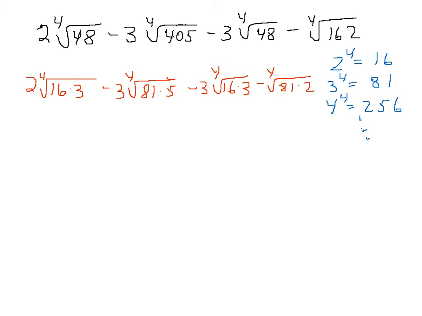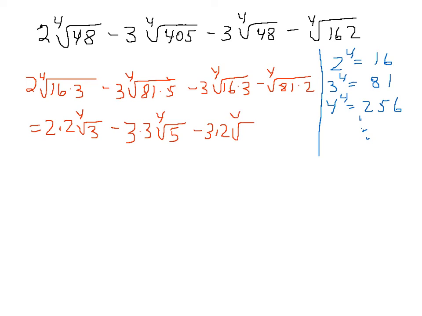All right, so now I have those written in lowest form. So now I'm going to just take out the correct numbers. So 2 times 2 times the fourth root of 3 minus 3 times 3 times the fourth root of 5 minus 3 times 2 times the fourth root of 3 minus 3 times the fourth root of 2.